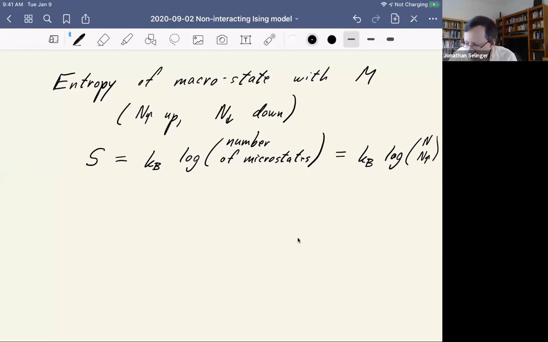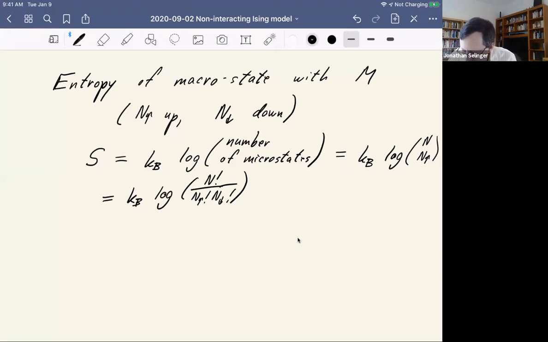Now, let's see if we can simplify that expression. So this is Boltzmann's constant times the natural log of n factorial divided by n up factorial, n down factorial.